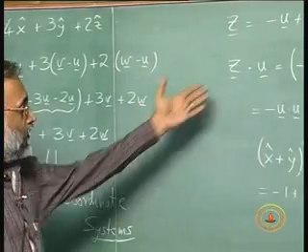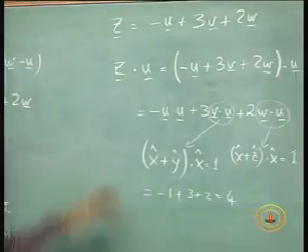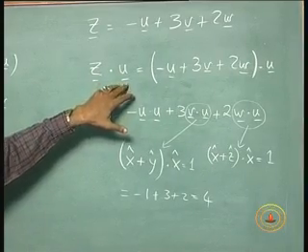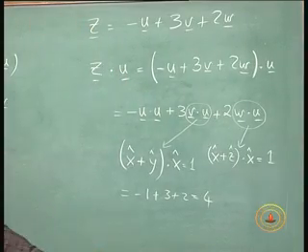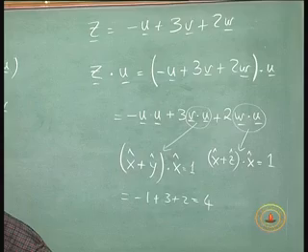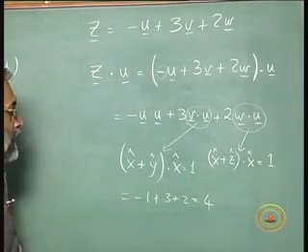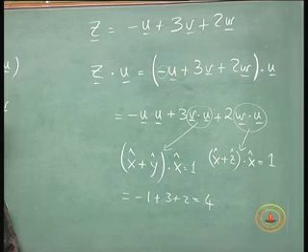But you can see that this is a very confusing situation. I want a simple dot product with this building block vector, and the answer does not turn out to be minus 1. Answer turns out to be something else.